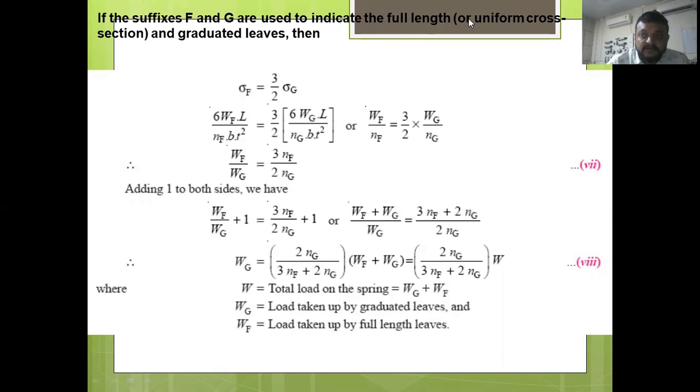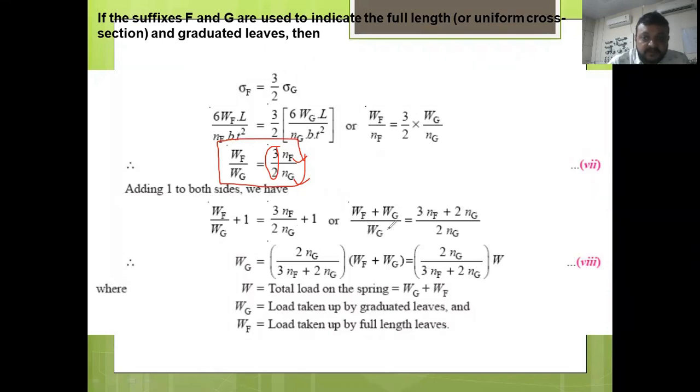This is the equation that we have put here, and combining and simplifying it will give WF, the load over the full length leaves, divided by WG, the load over the graduated leaves, is always equal to 3 by 2 times the number of full length leaves divided by the number of graduated leaves.